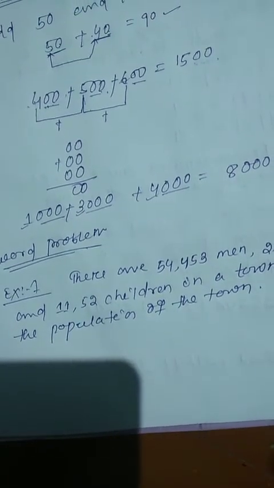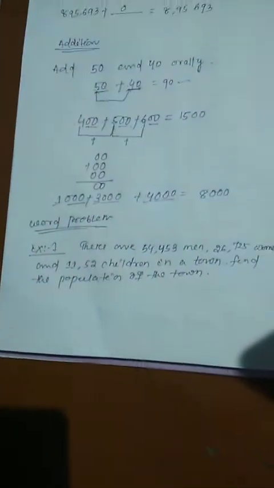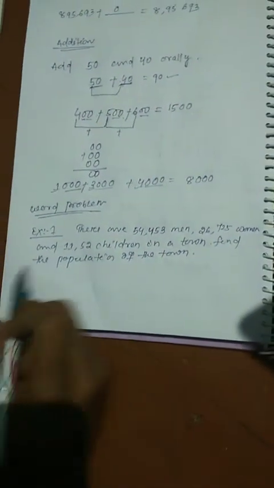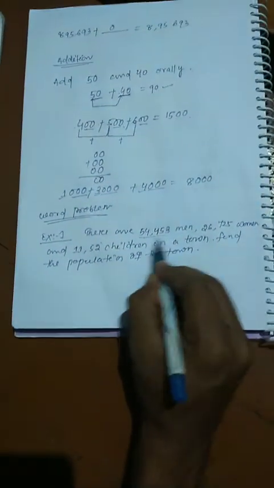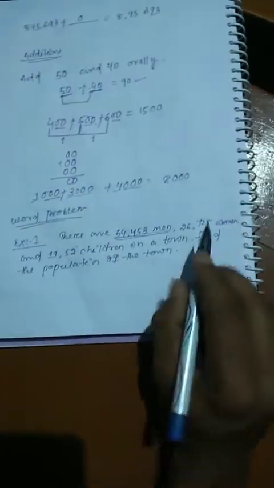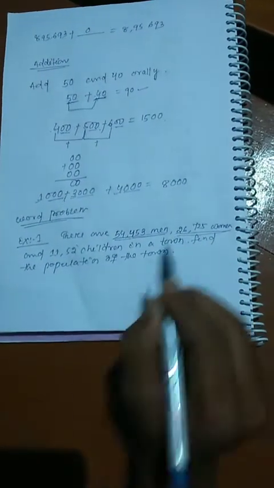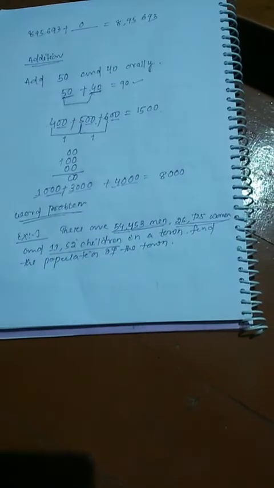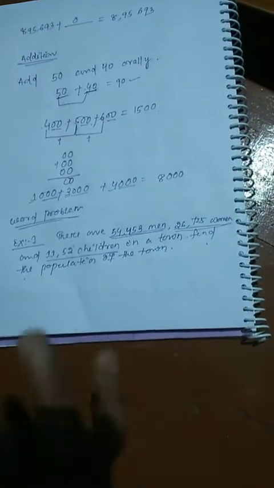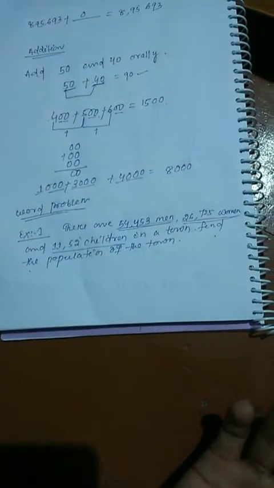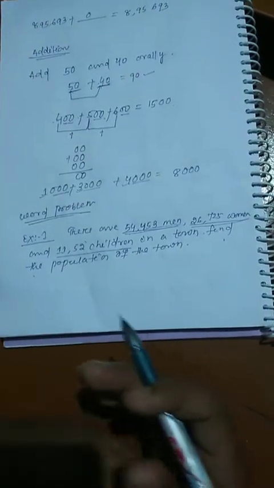So the total number of men is this much, the total number of women is this much, and the total number of children is this much. Population means total people who are living in a village or any area or town. Here a town is given, so how much is the population in that town?